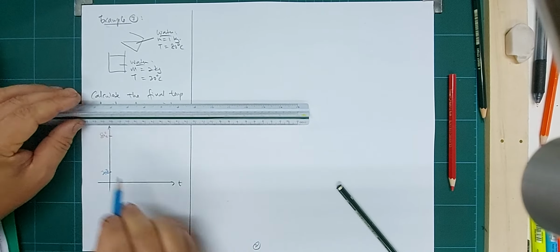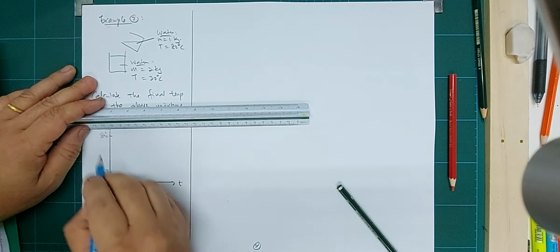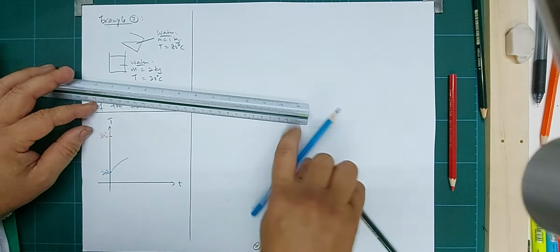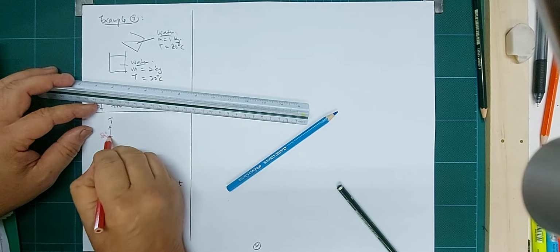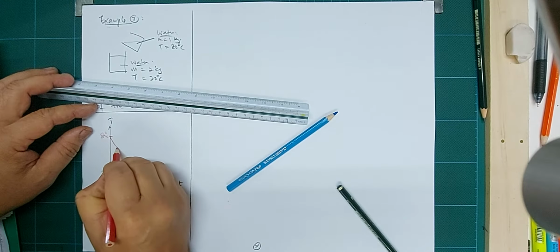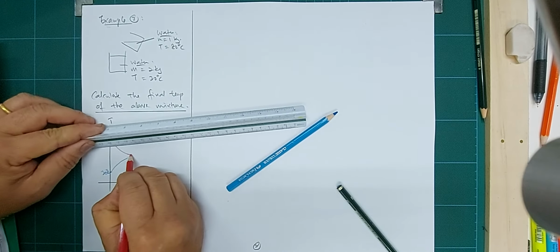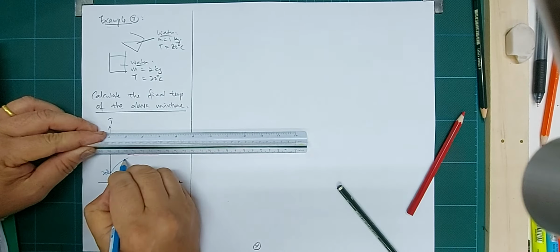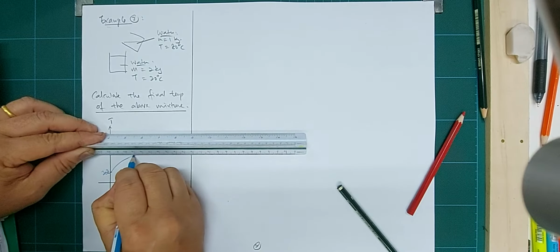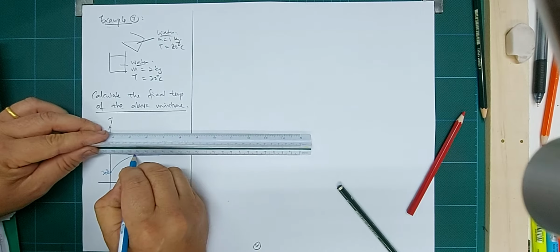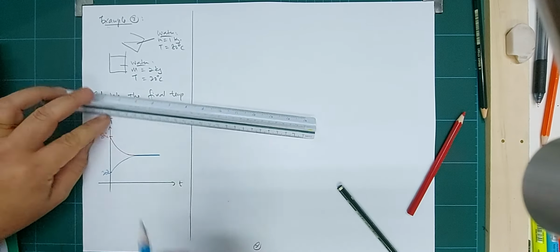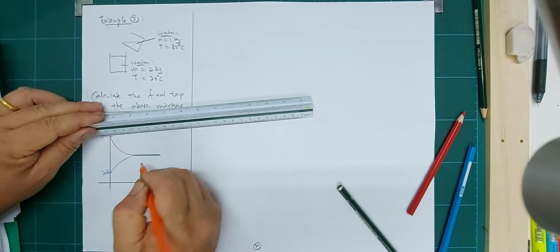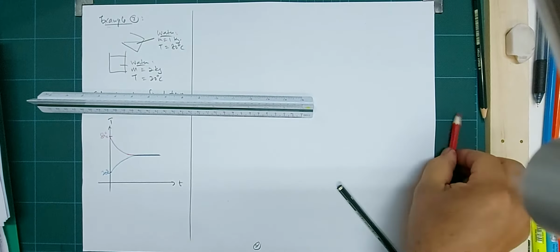When you mix them, the temperature of the cold one will rise and at the same time the temperature of the hot one will reduce, until they reach a final temperature which is the same. This is the final mixture temperature, so I use an orange color. Finally they mix. That is what happened.